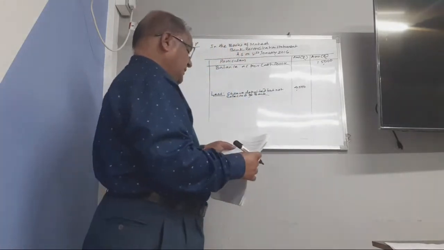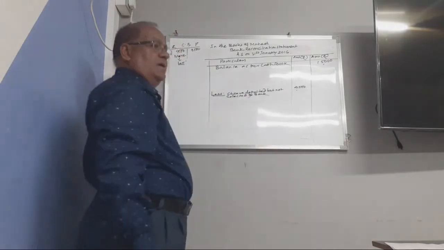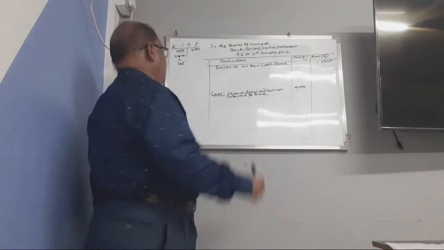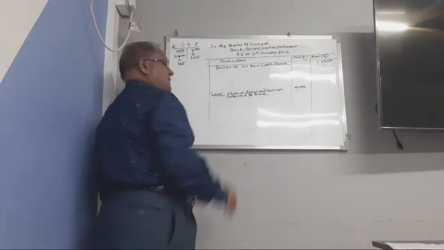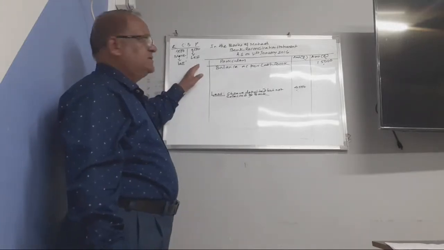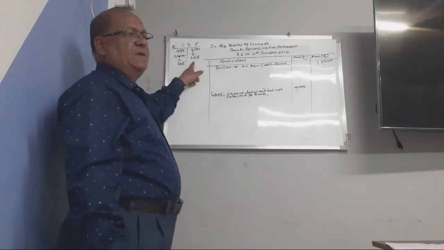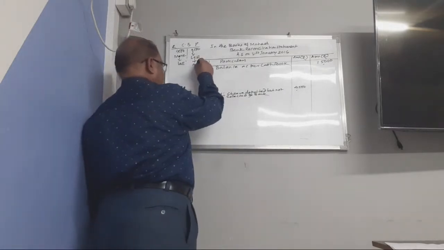When a check of 3,500 is issued, it goes on the payment side. And due to the payment, the cash book shows less balance. Because payment is there, it shows less balance, and the principle is coming from less to more, so it will be added. We have to add these items.